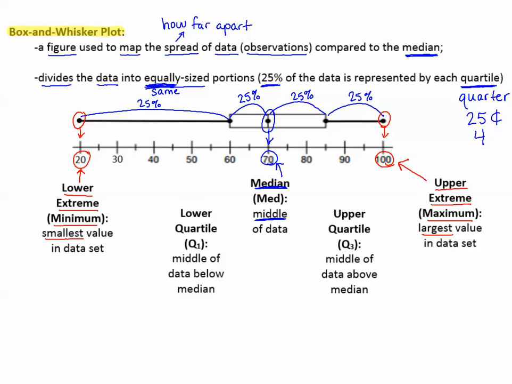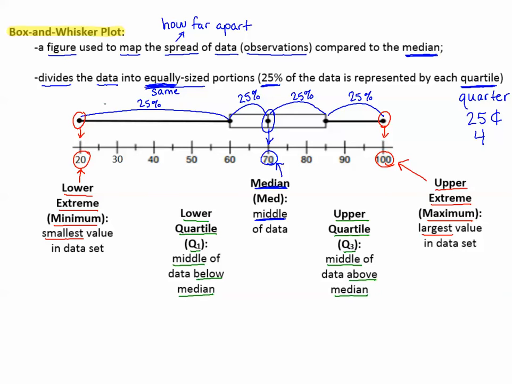Then we have the lower quartile, or Q1, and the upper quartile, or Q3, as you'll see it on the calculator. These quartiles are the middle of the data, either below the median or the middle of the data above the median.